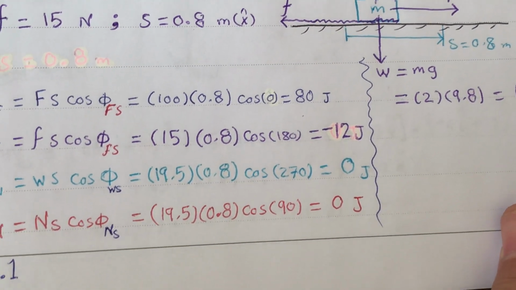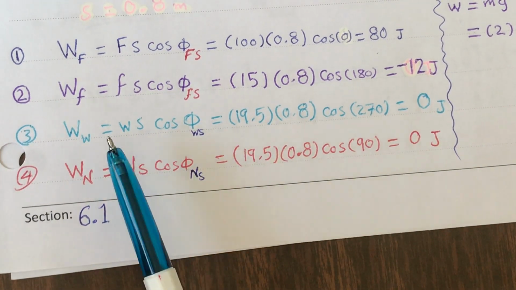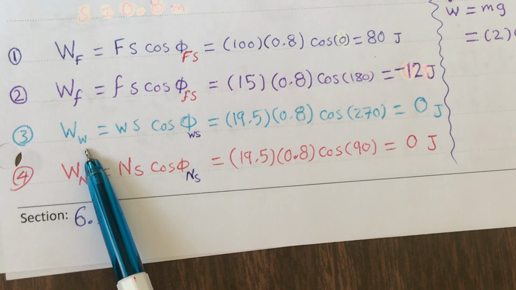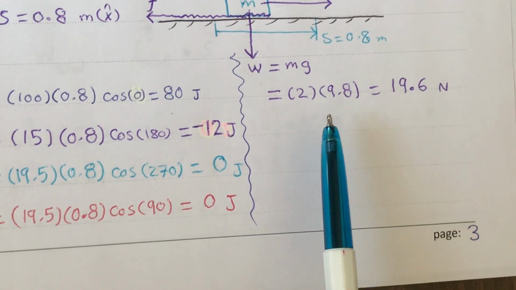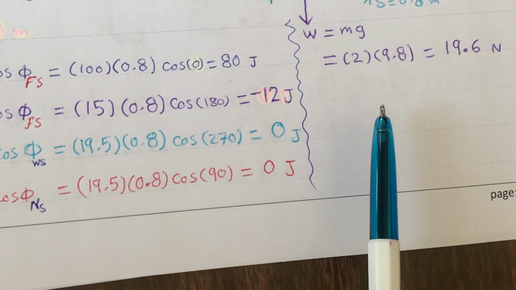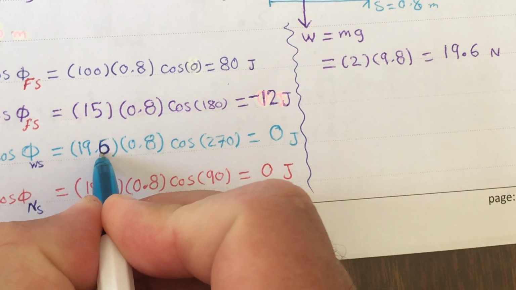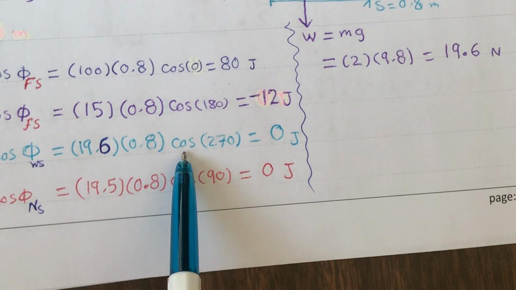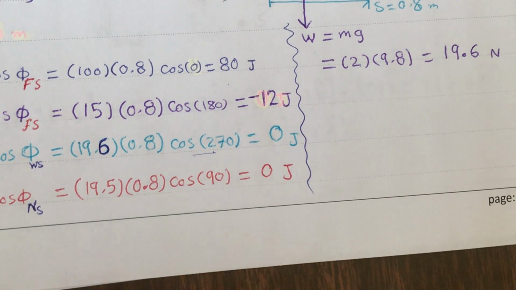Okay. Now, we have the work due to the weight. We have the weight, which is 19.6, like here. Multiplied by 0.8 multiplied by cosine 270. This is equal to 0.